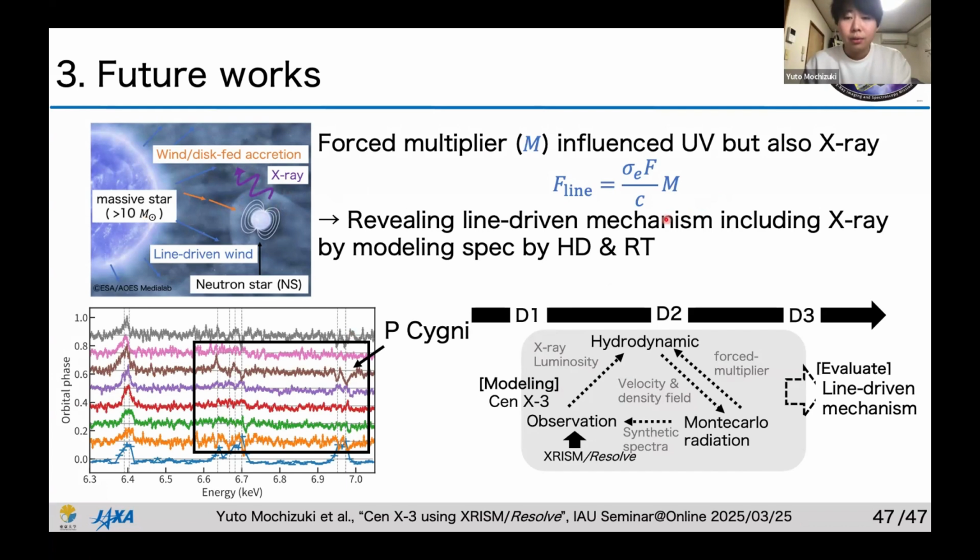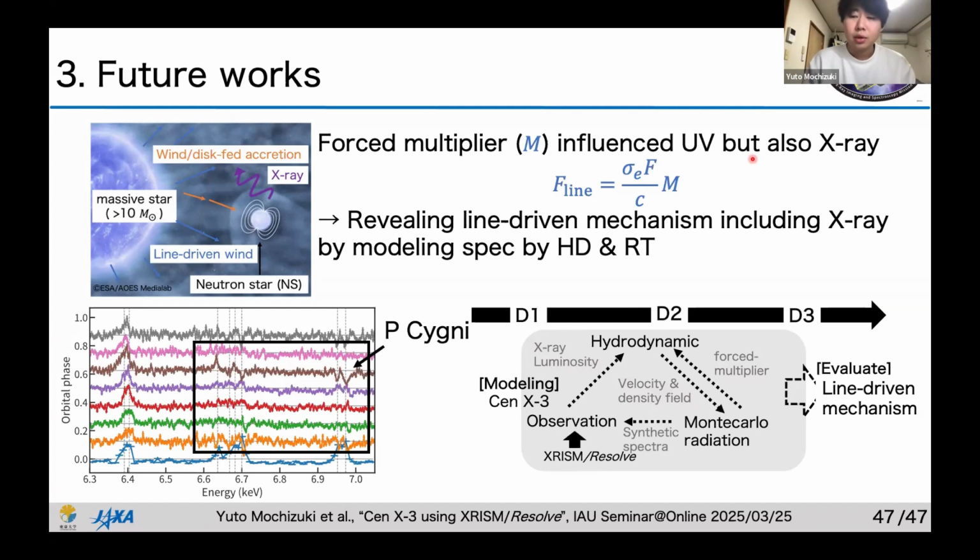The contribution of line-driven acceleration is typically described using the force multiplier, as shown in these equations. These force multipliers should be influenced not only by UV radiation, but also by X-rays. However, the effects of X-ray radiation are now included phenomenologically, using the ionization parameter or the optical thickness and so on.